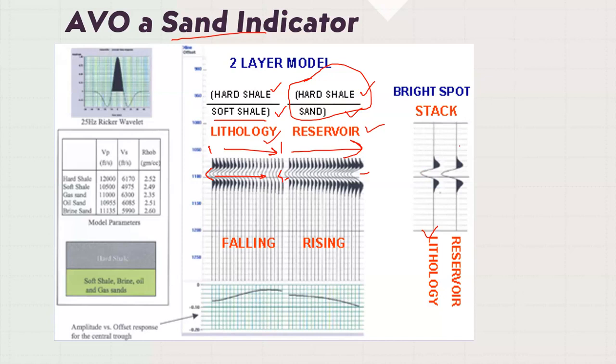But in reservoir prediction, you can use AVO as an indicator of your sand or your reservoir. That is also one of the beauties of AVO, which gives you an indication of the hydrocarbon reservoir. So that is one of the objectives for which we use AVO analysis for prospect maturation.